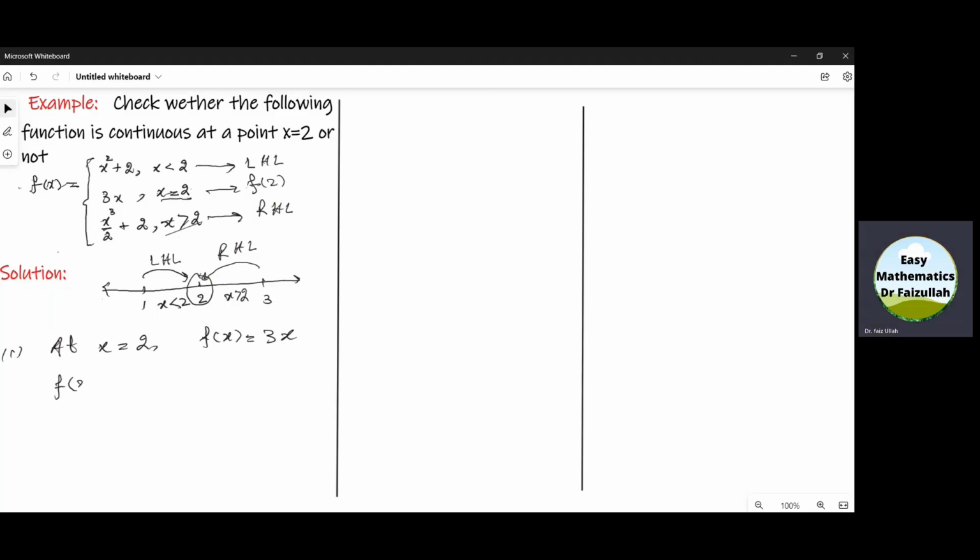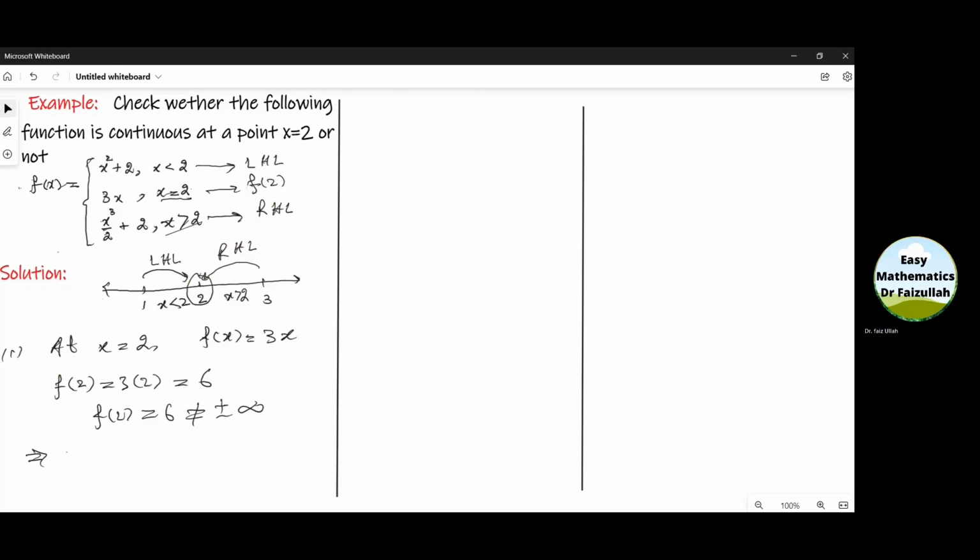We substitute 2 in this function and after simplification we get 6. So we can see that f of 2 is equal to 6, which is not equal to plus or minus infinity, and it means that the value of the function f of x is defined at x is equal to 2. Hence, the first condition is satisfied.